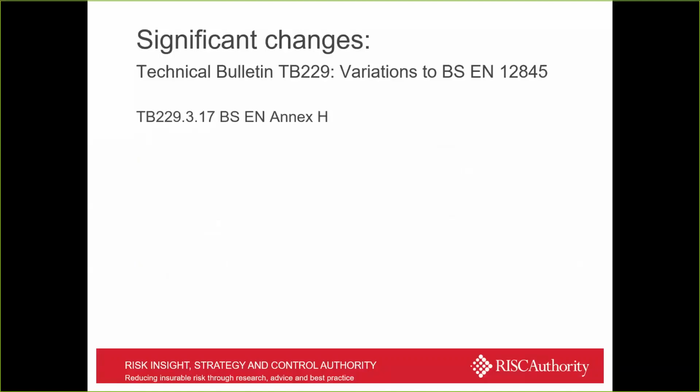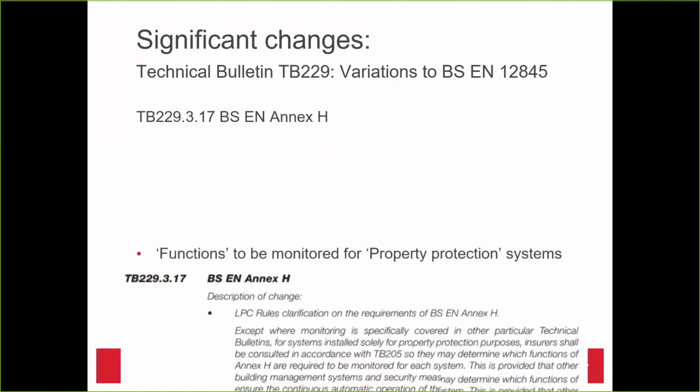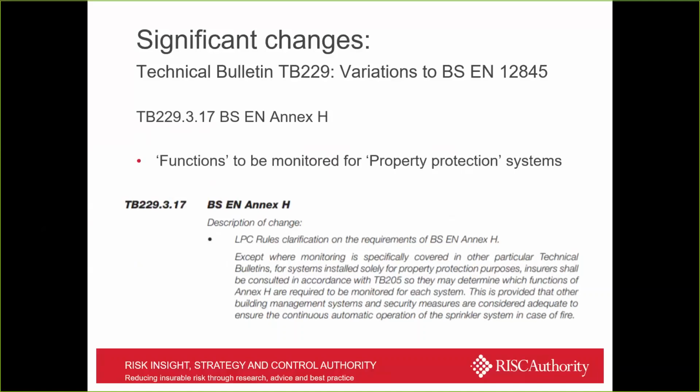So we've got a further amendment now in TB229, which is clause 3.17, dealing with Annex H, which Dale touched on earlier.